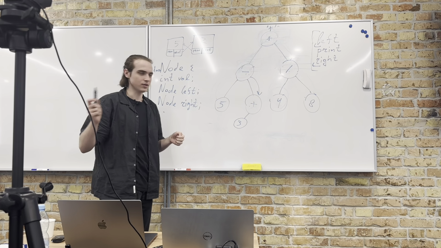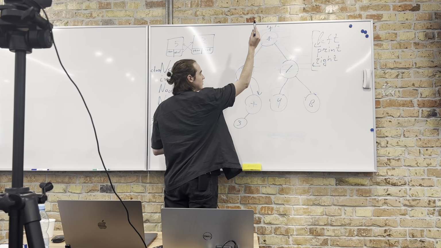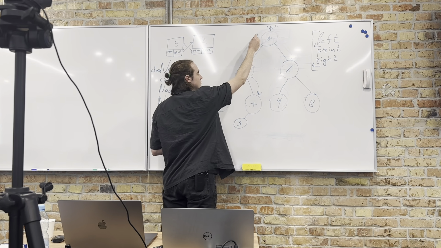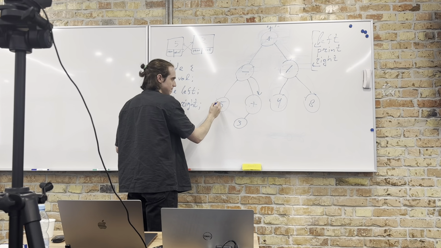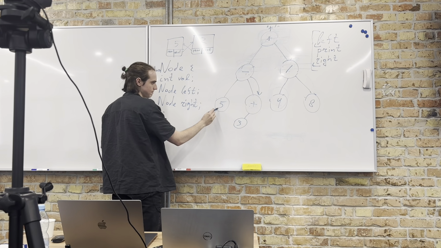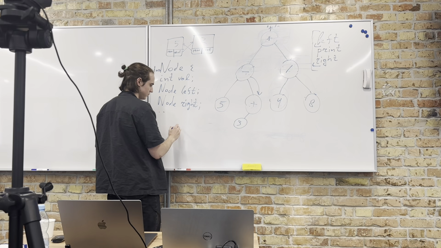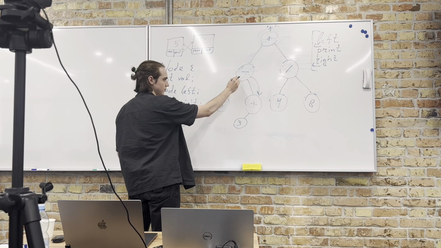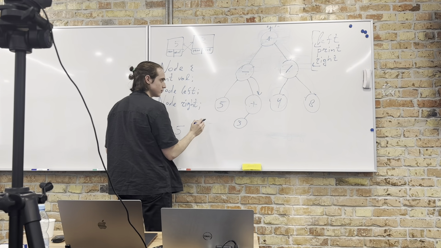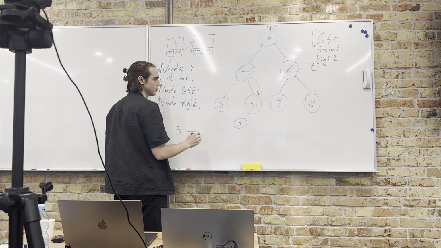Okay, we are at the root. We go left, and we go left again. We check left, we don't have anything, so we print. We put 5. After that, we go back and we check right.